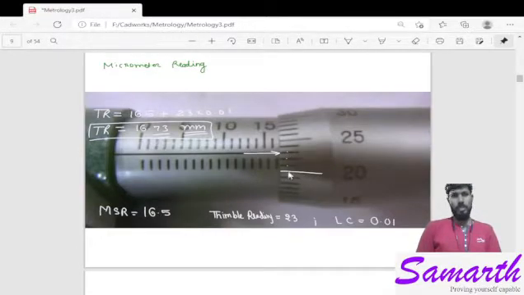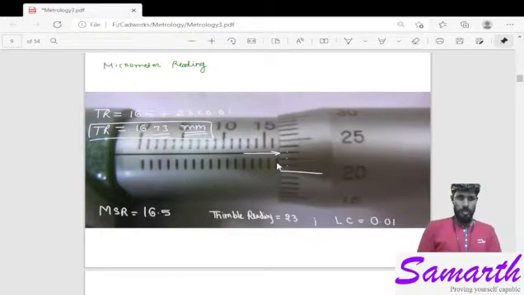Then we will measure after 20, because this larger line indicates the 20th division, then 21st, 22nd, 23rd. Here we have got thimble reading equal to 23 and main scale reading was 16, right?